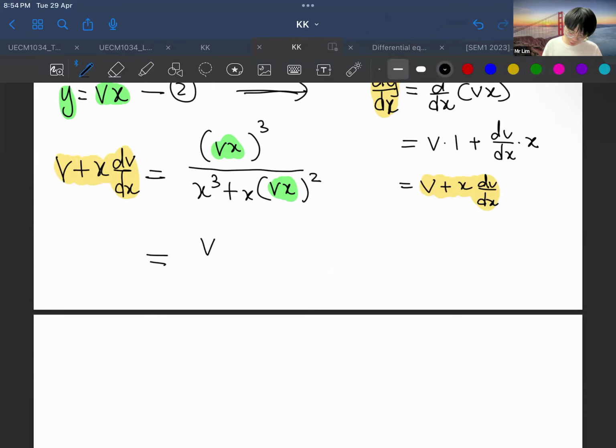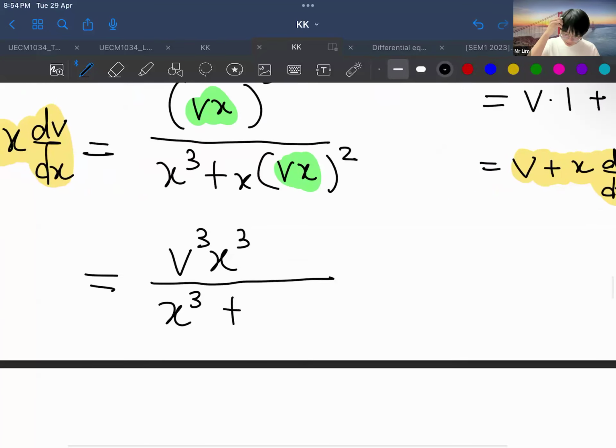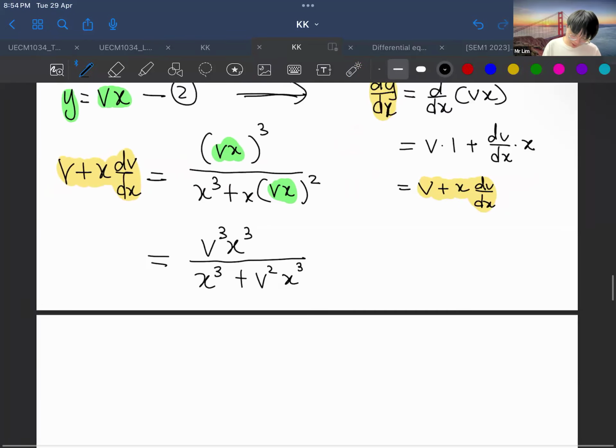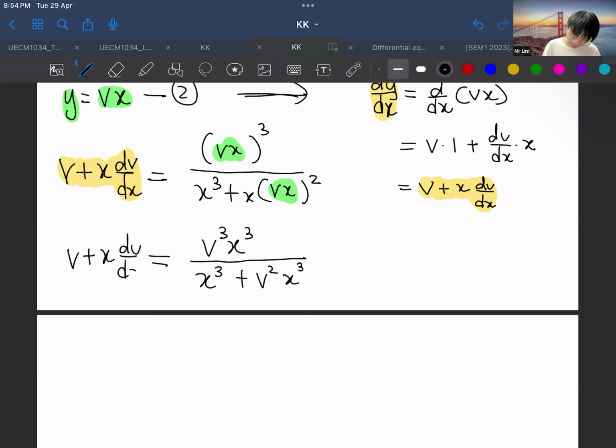This one everybody can do. v cubed x cubed, plus v squared times x cubed, because of the square, all over v plus x dv dx.